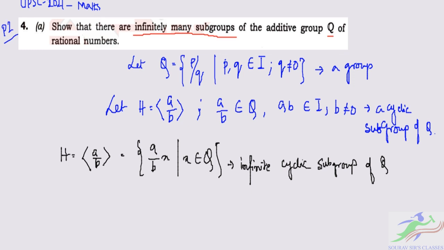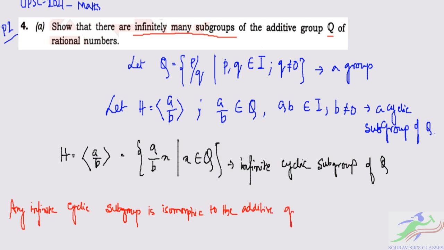We know that any infinite cyclic subgroup is isomorphic to the additive group of all integers.